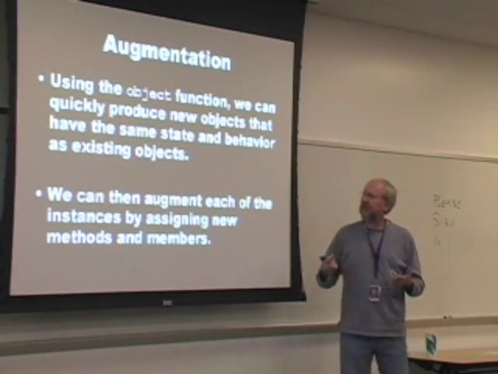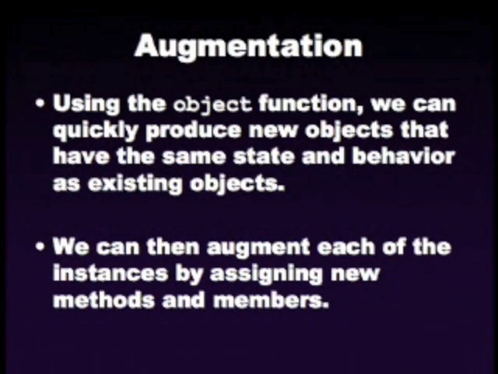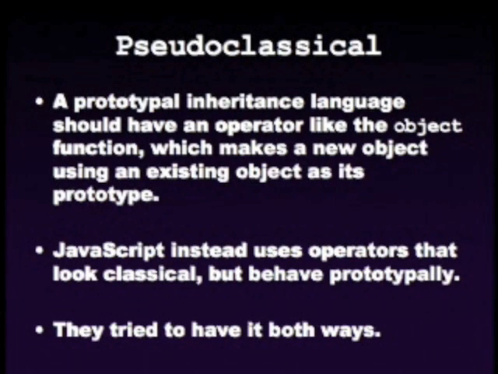Using the object function, we can quickly produce new objects that have the same state and behavior as existing objects. We can then augment each of the instances by assigning new methods and members. Now, Netscape, when they created JavaScript, didn't think of that. Even though they were modeling a prototypal language, it was maybe a little bit too radical for them.